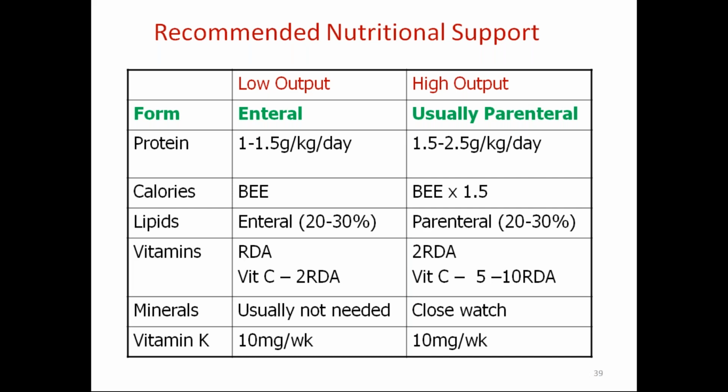Lipids, centrally, we give 20 to 30%, and parenteral the same amount. Vitamins we have to supply, vitamin C and vitamin A, and minerals are usually not needed. And vitamin K we have to give every week, 10 mg.